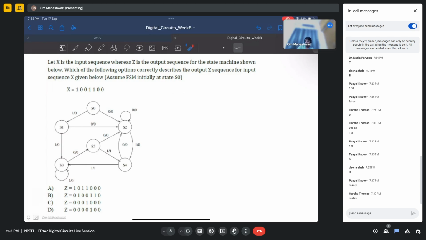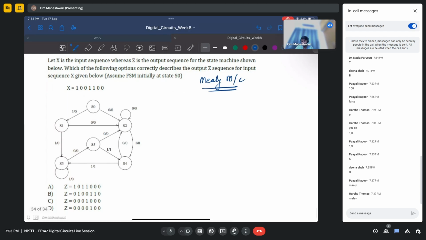We again have a Mealy machine. So we have this input sequence X given as 1 0 0 1 1 0. We have to tell the corresponding outputs of Z. What is the output?